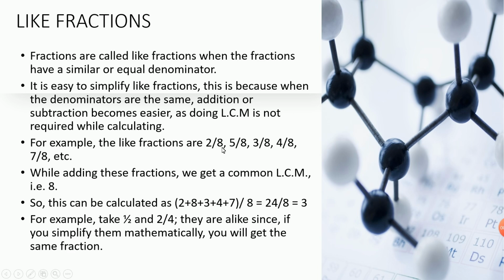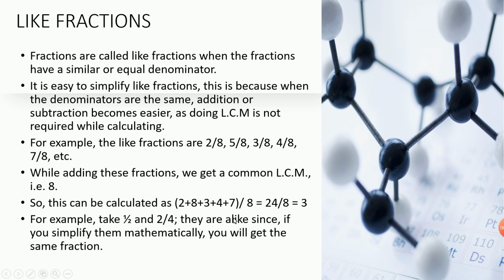Though they have given the word similar, here also there is one example. Similar means that when simplified, it should take the form of the other. Equal means everything is same, but similar means, here, 1 by 2 and 2 by 4. When we solve 2 by 4, it will again be equal to 1 by 2 only.